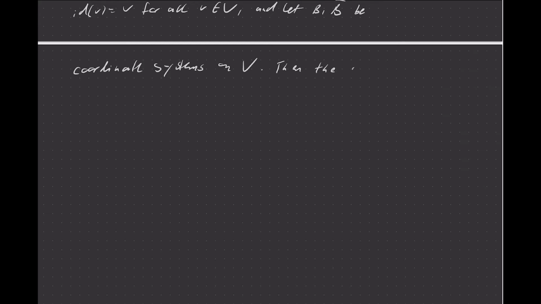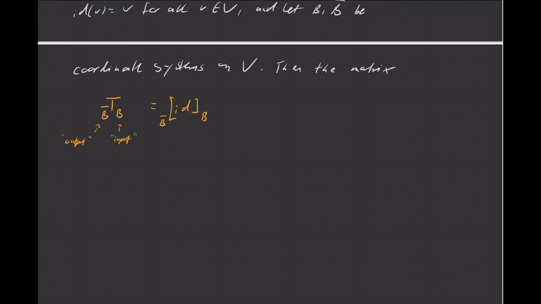Then the matrix, and that matrix is often denoted by a T for transformation. And again, we just write the bases of the coordinate systems as indices here. As usual, this here is the input system, and this here is the output system. And that is defined as the matrix that represents the identity map with these two coordinate systems as input and output.